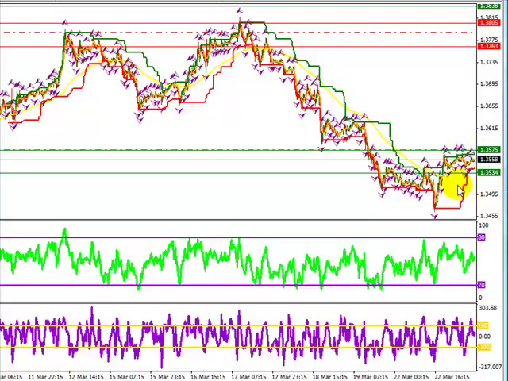Now, I'm not going to give you my money management strategy, but what I am going to do is give you a helpful tip that's worth millions of dollars. That tip is, right here we're risking 41 pips. Is that right? Yes, 41 pips.